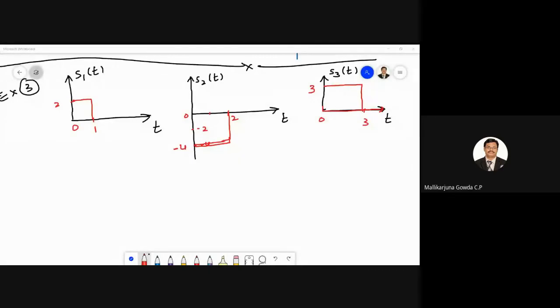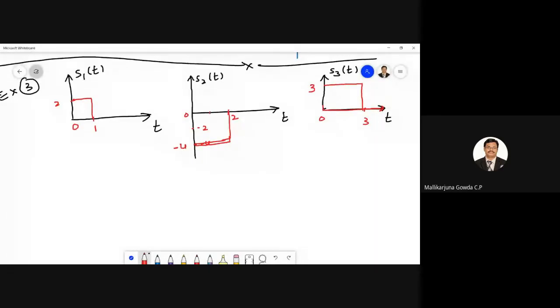Manoj, can you tell what is the energy of the signal S1 of t? I begin the solution. The first step is to determine the energy of the signal S1 of t. I'm asking you to tell the expression for finding the energy of the signal S1 of t.